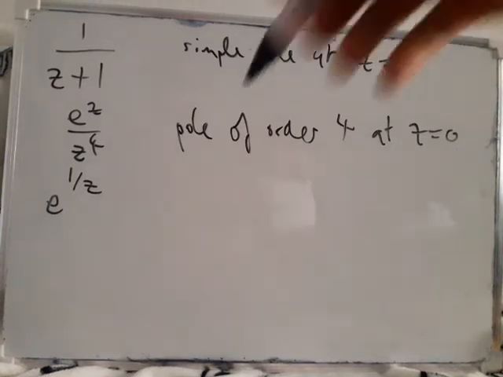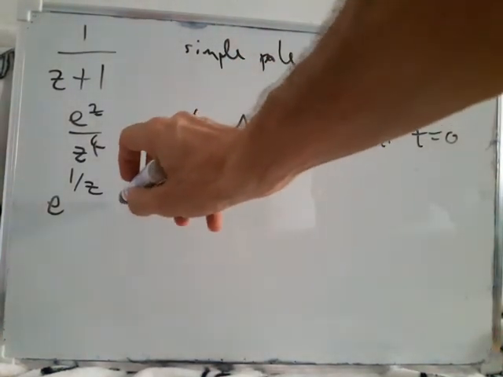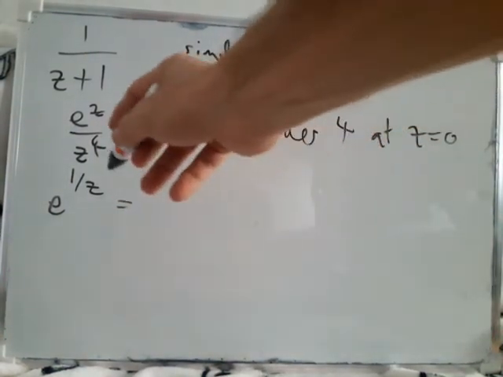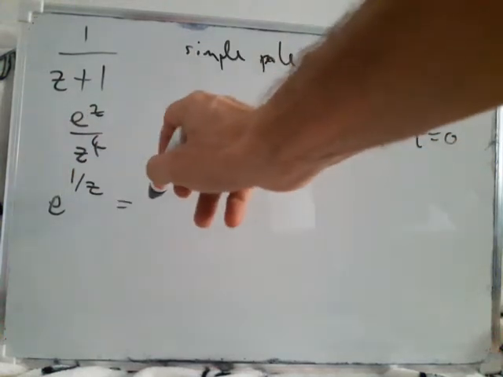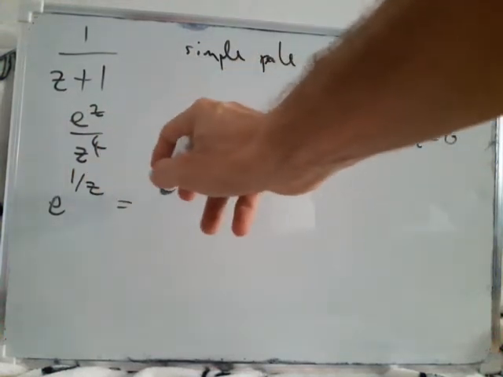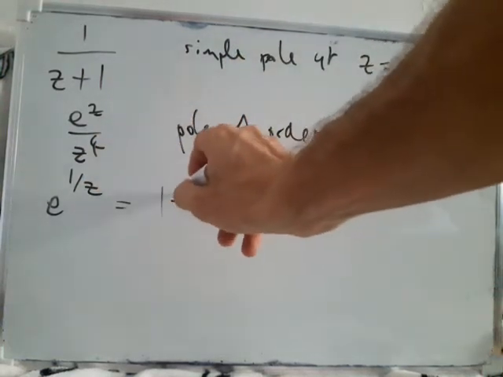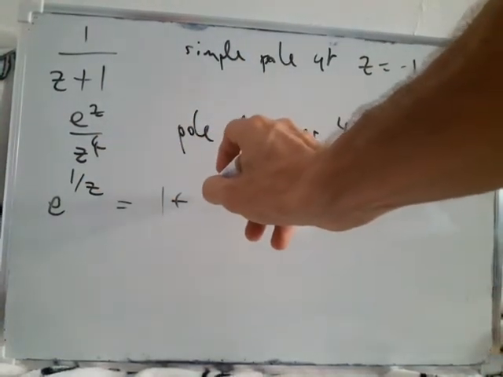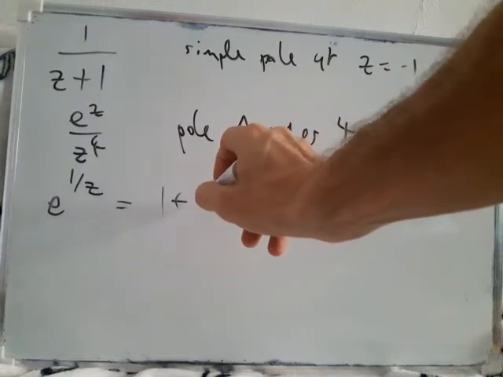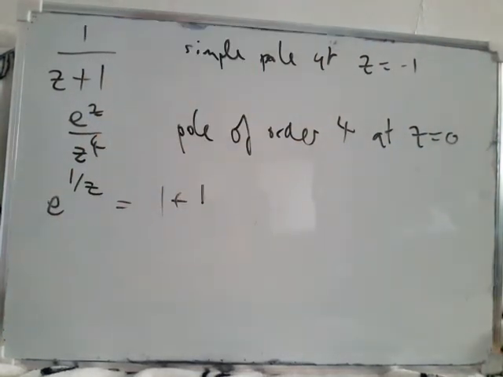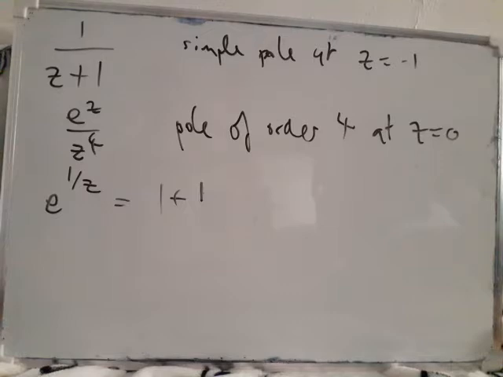But we can actually see this explicitly if we just expand it using the Taylor expansion of e to the z. So the expansion of e to the z is 1 plus z plus z squared over 2 factorial and so on.